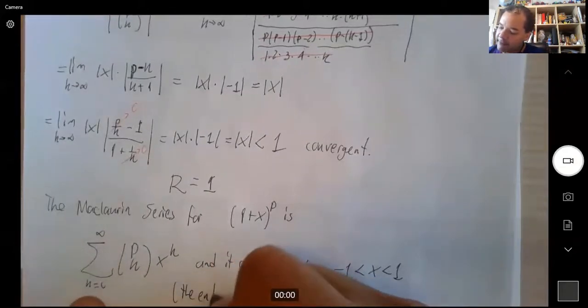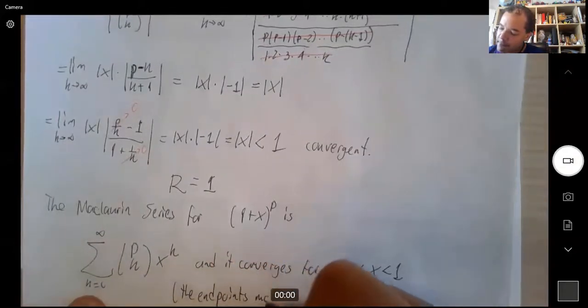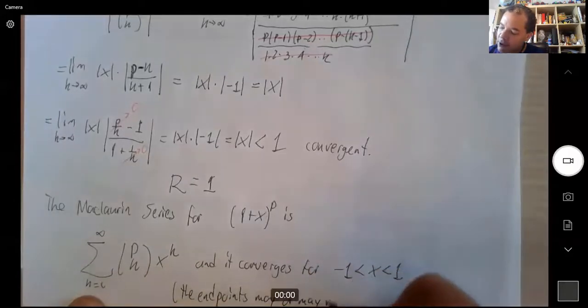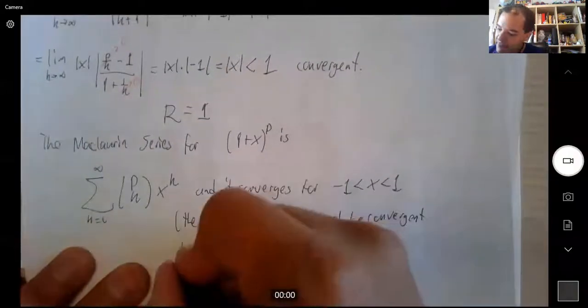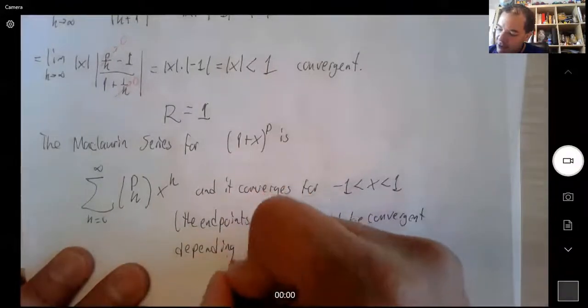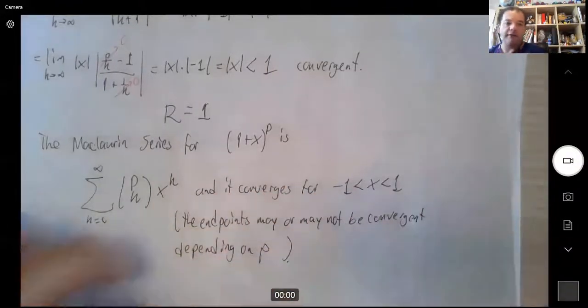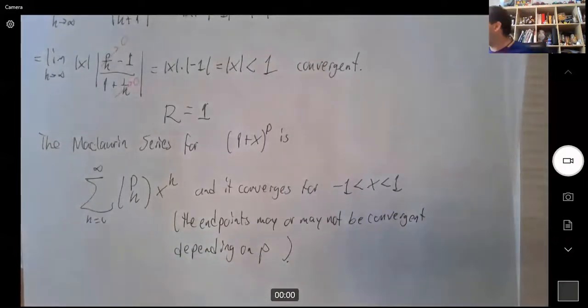The endpoints may or may not be convergent depending on p, and we're not going to do that, but this is as far as we want to take it. Instead, what I want to do is an example, and then we'll move on to the other question, the question about when the Taylor series or the Maclaurin series equals the function.